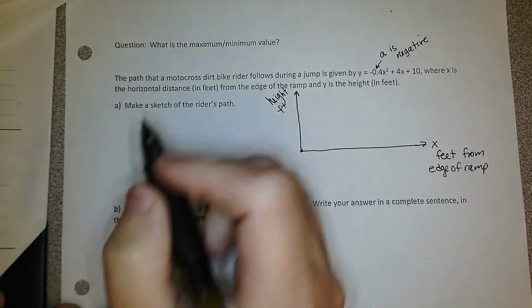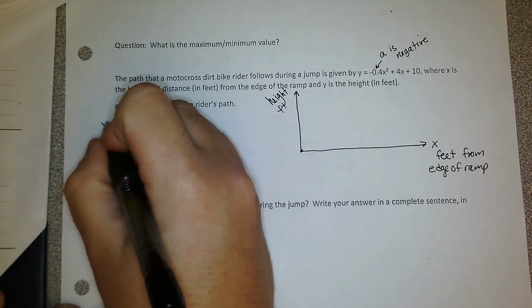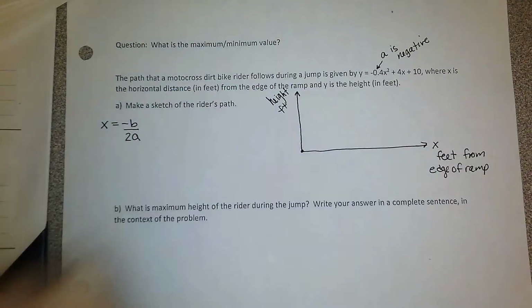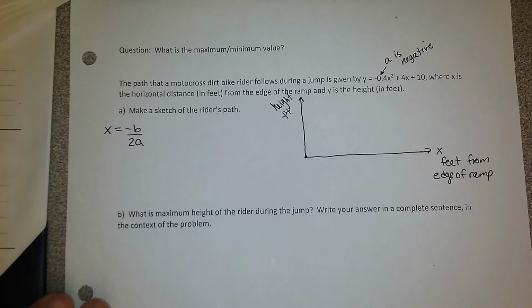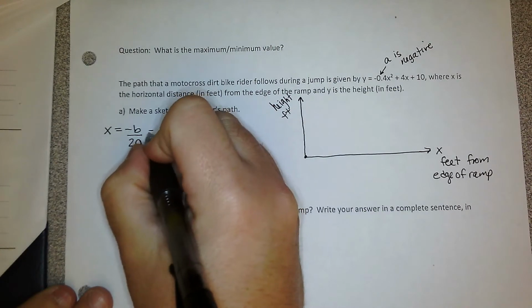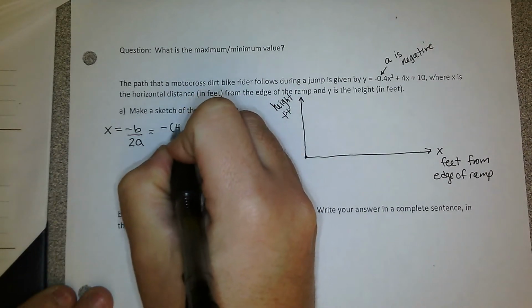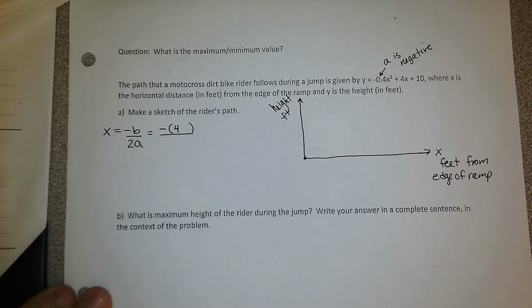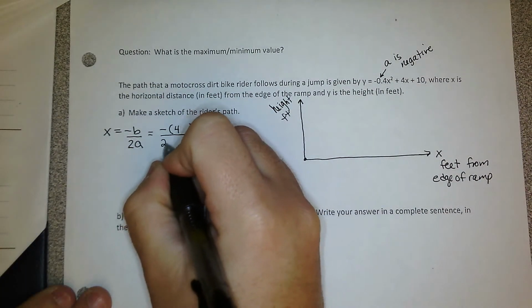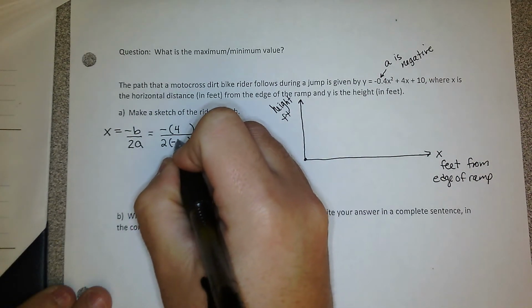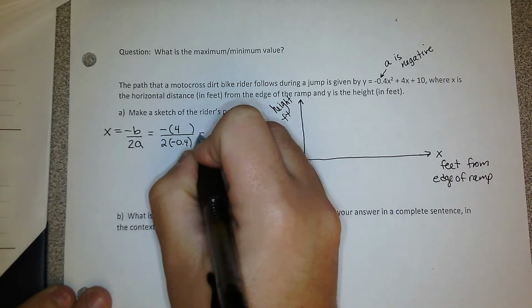So the first thing we're going to do is make our axis of symmetry equation, x equals negative b over 2a. And what that's going to do is give us the middle of our quadratic, where the axis of symmetry is going to be. That's negative 4, because 4 is the b value, and then 2 times our a value, which is negative 0.4.